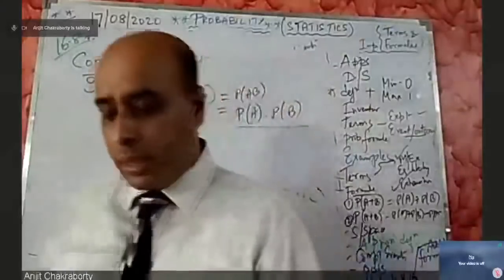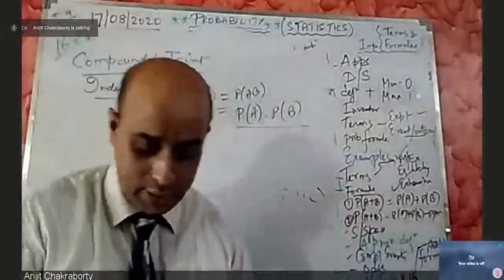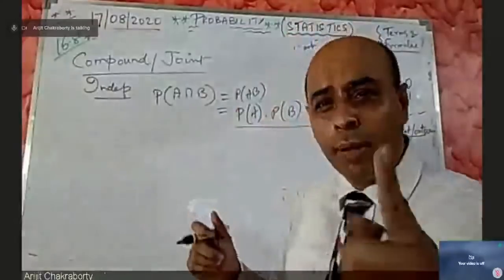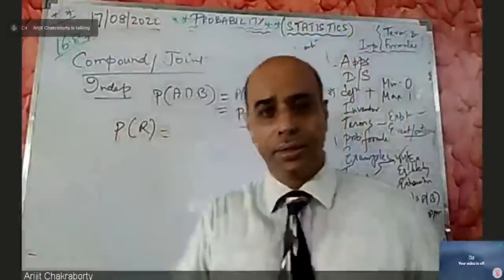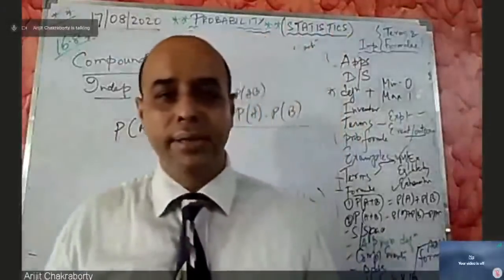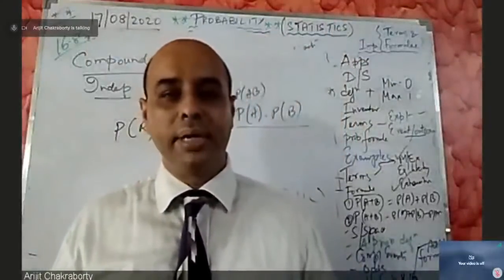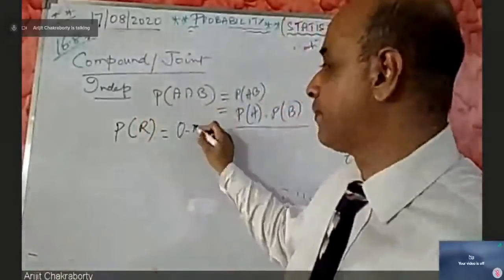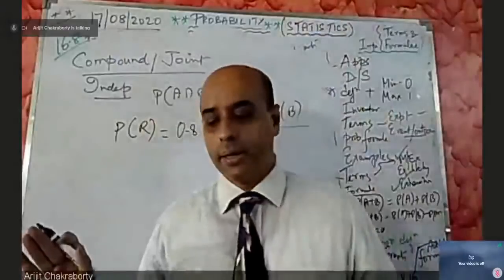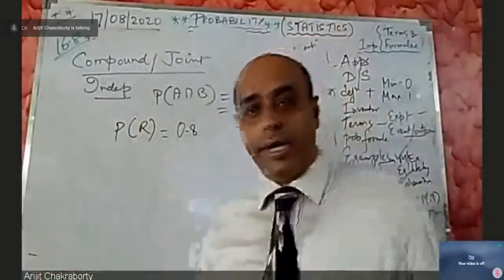Let me take an example. Probability of rain, P(R). Say in your locality it is raining heavily, so it's already raining and you feel it's going to rain in the evening. Chance is 80%, so probability of rain is 0.8.